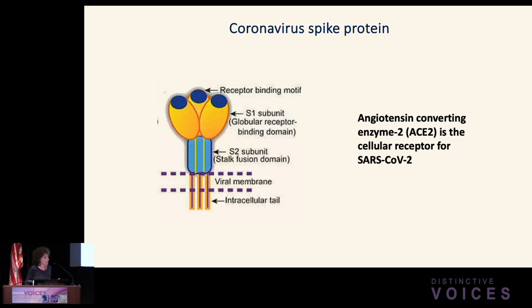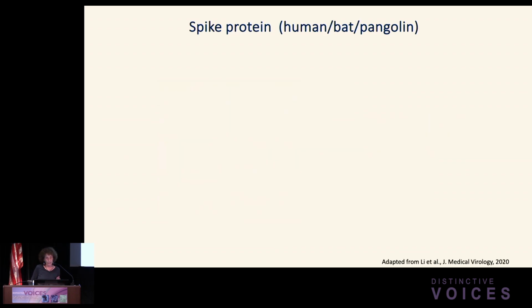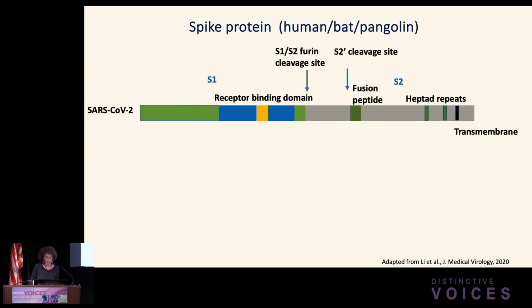So we want to look at the spike protein a little more carefully to try to figure out where SARS-CoV-2 came from. Here's a linear picture of the spike protein, and there are these two subunits, S1 and S2. The S1 has the receptor binding area, and the S2 is the part that actually performs the functions in viral entry.